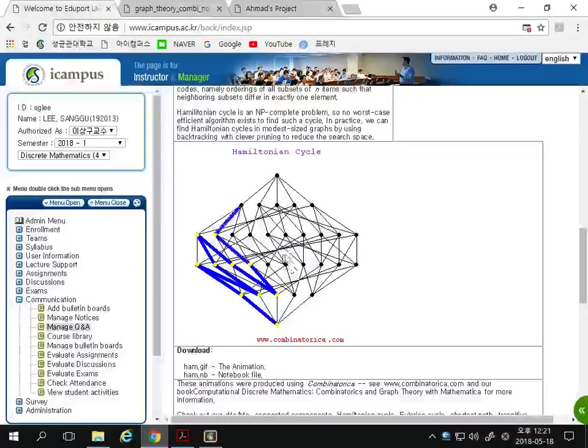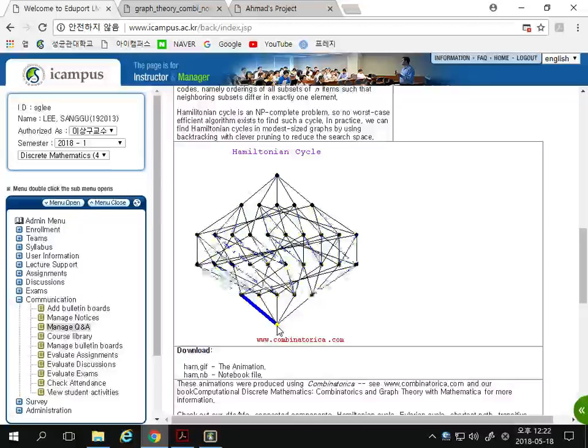This GIF file shows an example of a Hamiltonian cycle that starts from one vertex, then passes through each of the vertices without repetition to come back to the starting point.